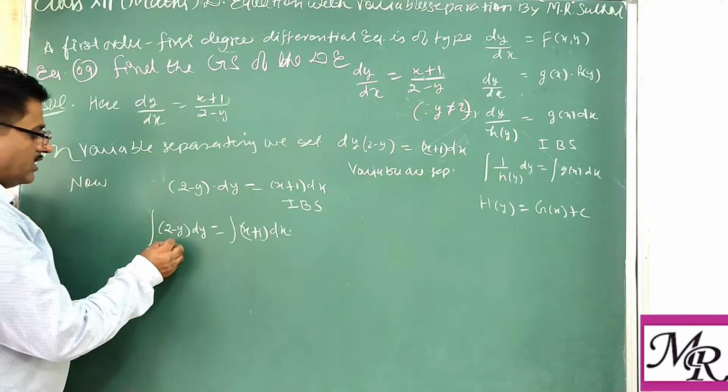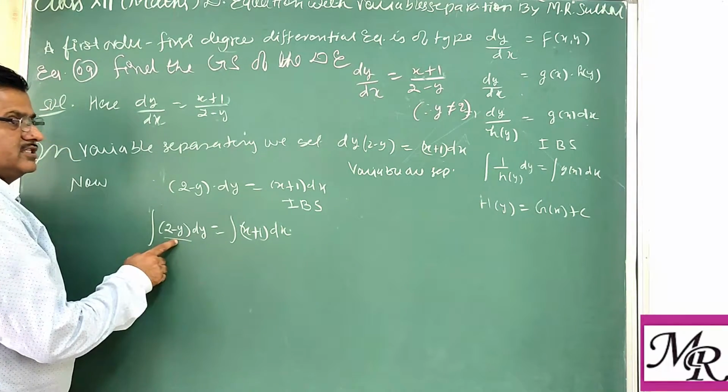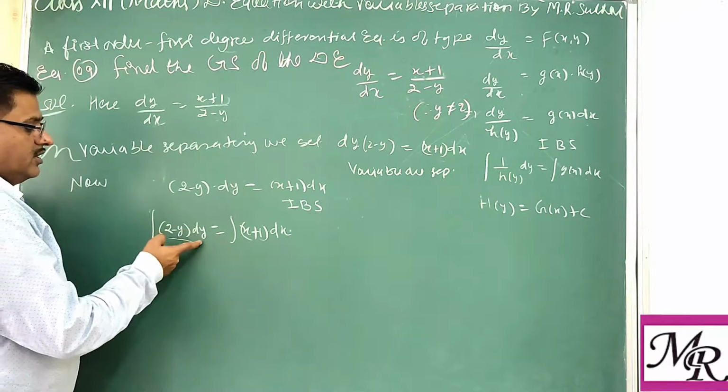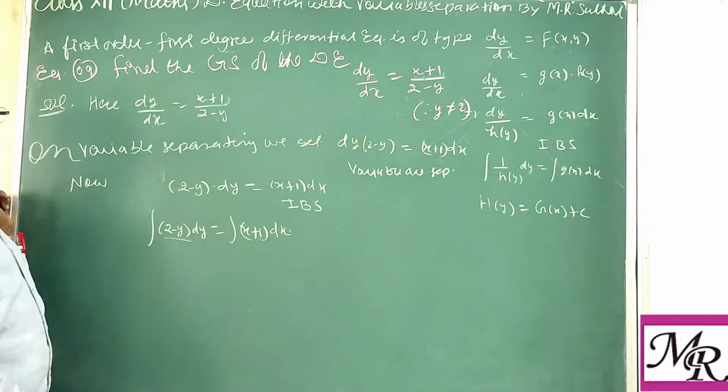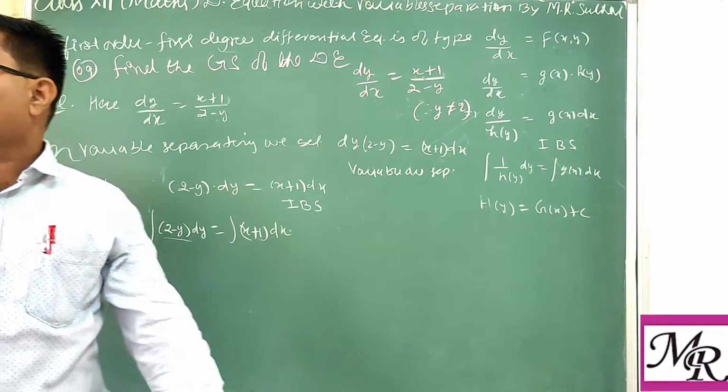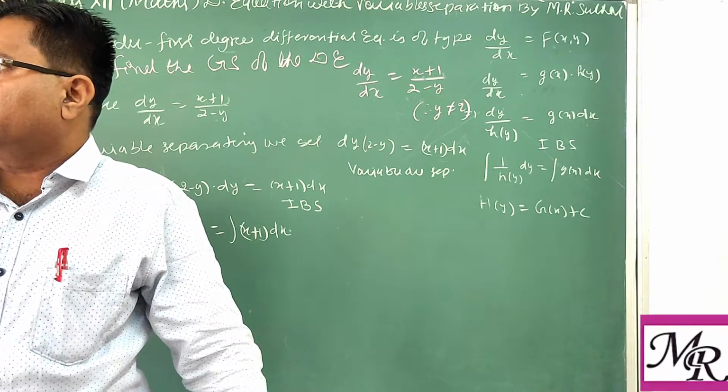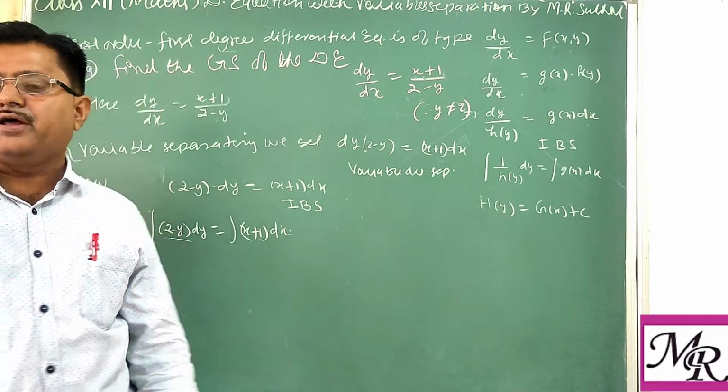So now you know how to find the integration. This is the integration of the function in variable y. This is the integration of the function in variable x. As we have already discussed in the property of integration, variables are dummy.